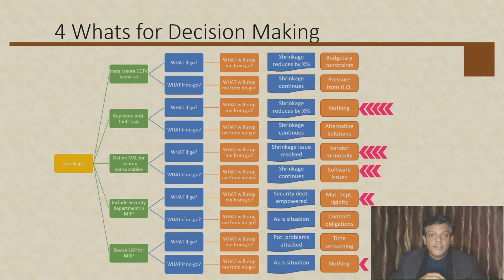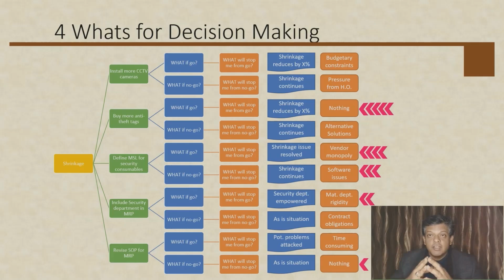I would also try to communicate and convince the materials department to include the security department as part of their material requirements planning. And the last priority would be revising the standard operating procedure for materials requirements planning. And this one would have the lowest priority, because it may be time consuming, it may need more resources, and it's not an easy job to do.